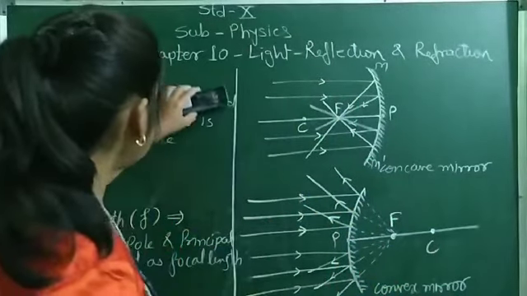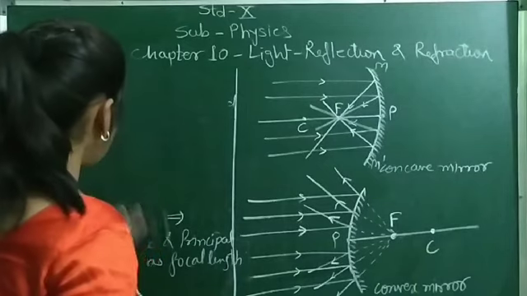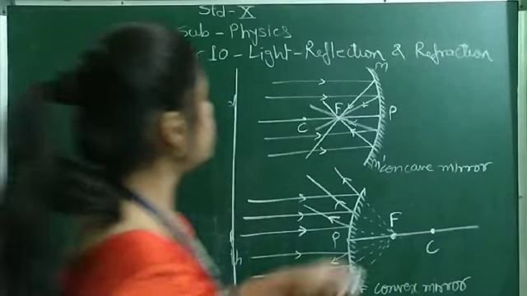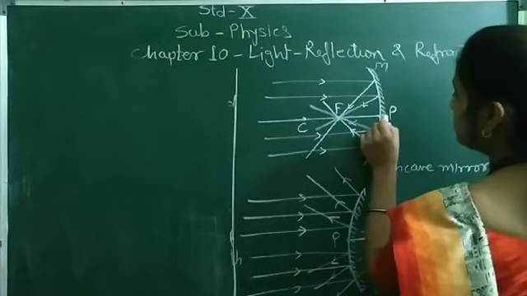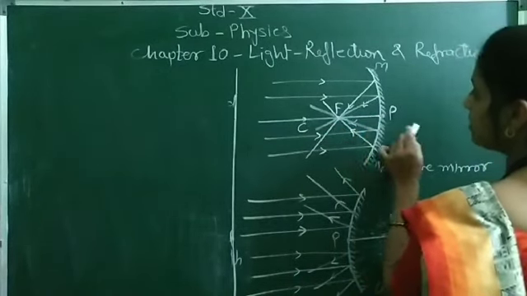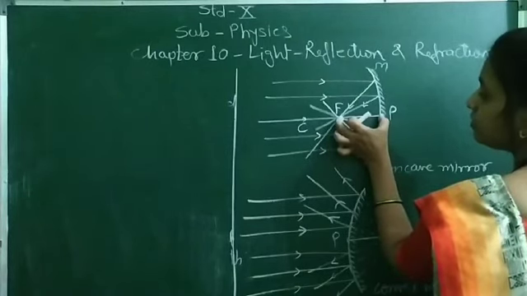Then what is the relation between radius of curvature and the principal focus? From this diagram we can see that the distance between P and C is the radius of curvature, and the distance between pole and the focus is the focal length.